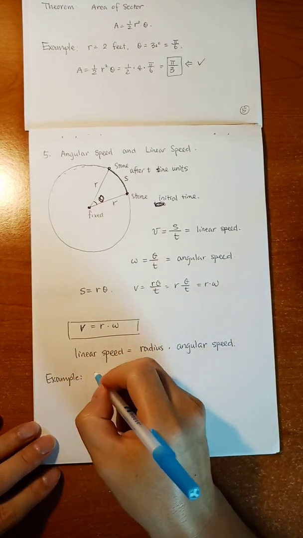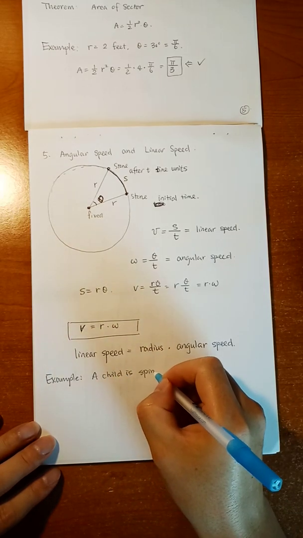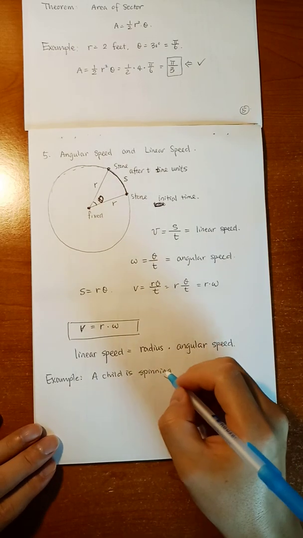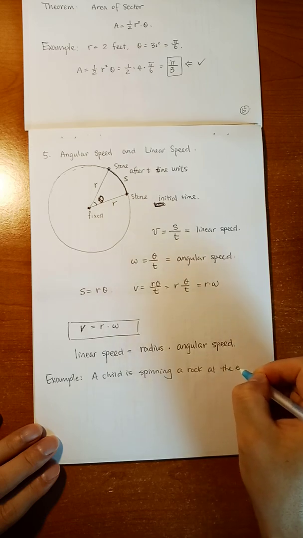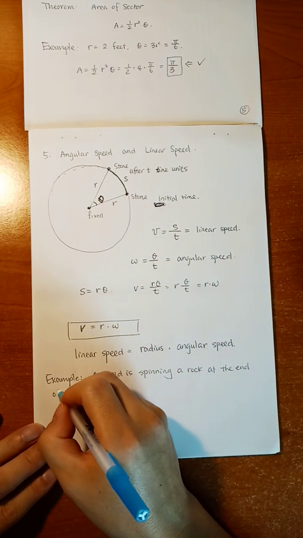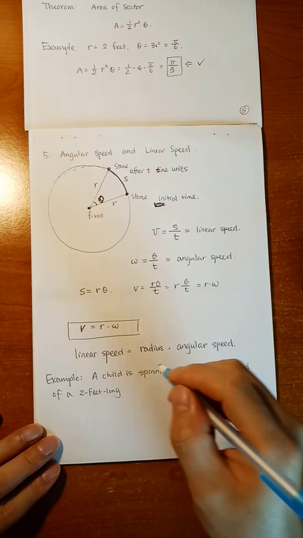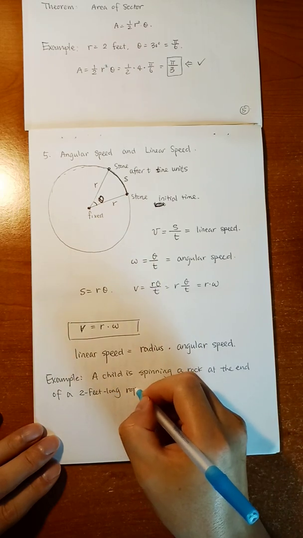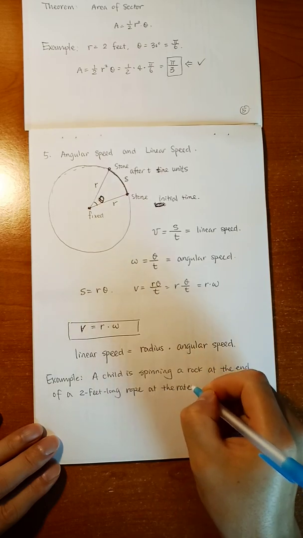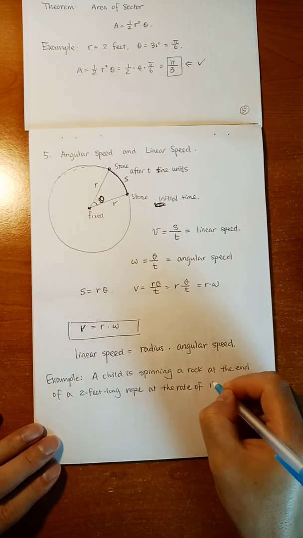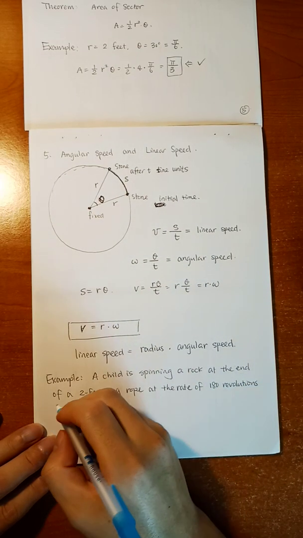A child is spinning a rock at the end of a 2 feet long rope at the rate of 180 revolutions per minute.